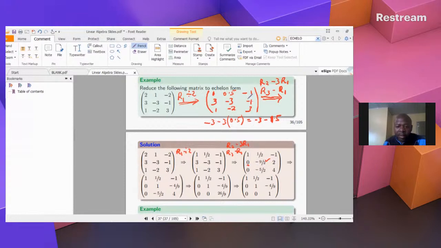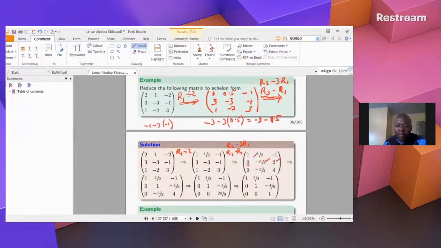And then negative 1 minus 3 multiplied by negative 1. You notice that 3 times negative 1 with the minus sign gives positive 3. So this positive 3 plus negative 1 gives us positive 2.